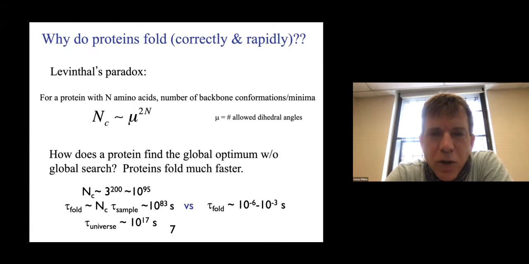So there are two dihedral angles for each amino acid. That's what the 2 is in that formula. And mu represents the number of possibilities for that dihedral angle. It turns out that the dihedral angles can't take on a continuous number of values.